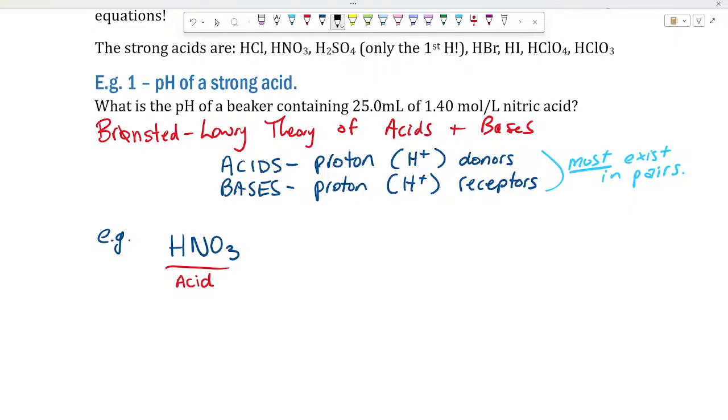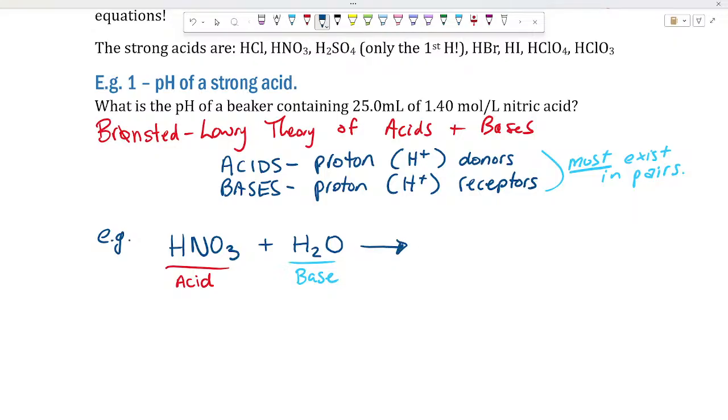What's going to be the base that accepts its proton? Well, we say that an acid becomes an acid when we dissolve it in water. So the base in this case is actually going to be water. This is the new theory, where it's just a different way of thinking about it. And this one, like we said, isn't in equilibrium. It's just going to go to completion.